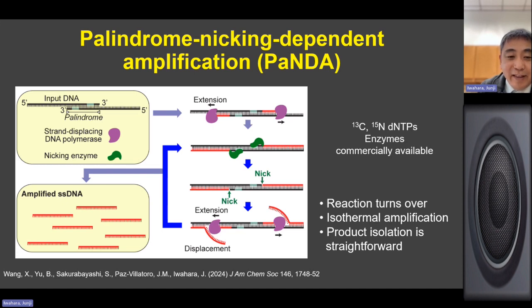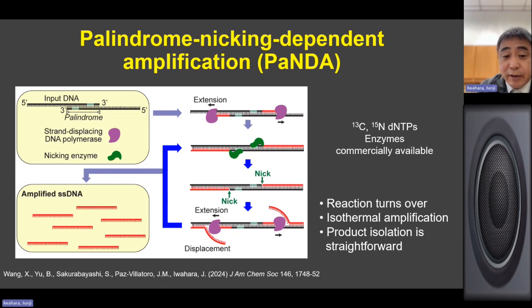So when this reaction occurs in a cycle in this way, basically single-strand DNA accumulates, and you can get a lot of copies of single-strand DNA from this reaction. Good thing about this approach is that in this case, the template is used many times. It's not a single extension approach.